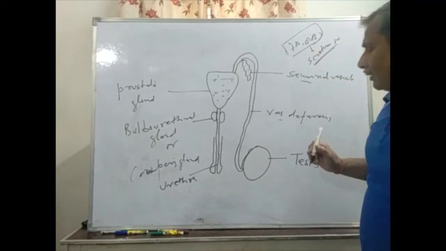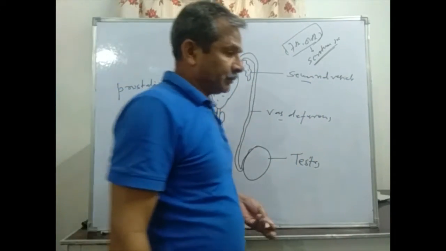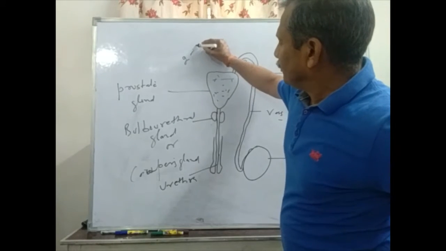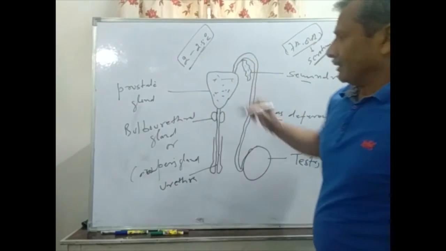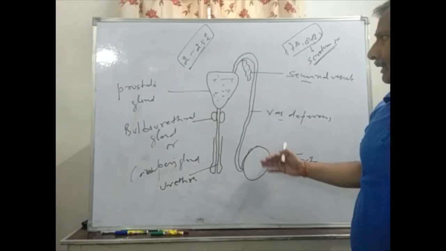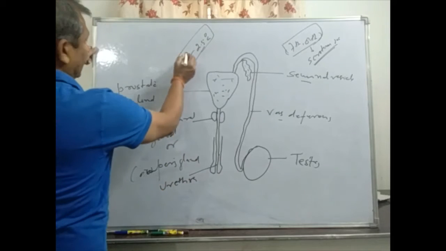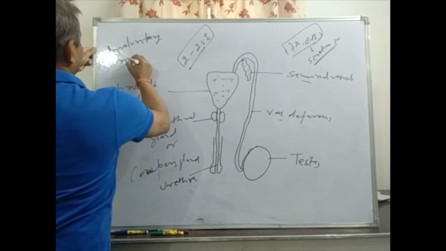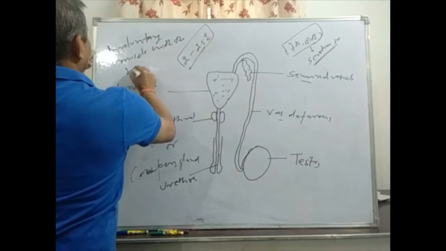And why are they located outside of the abdominal cavity? Because the temperature required for the development of sperms is 2 to 2.5 degrees centigrade below our body temperature. So the scrotal sac is present outside of our abdominal cavity, and it is attached with involuntary muscles to the body cavity.